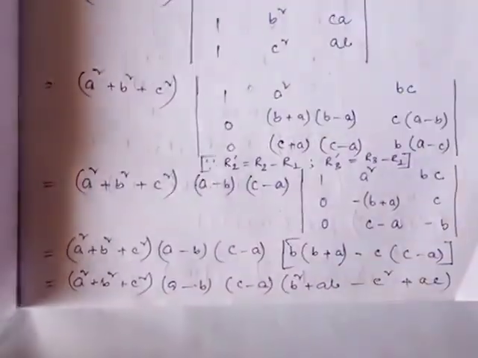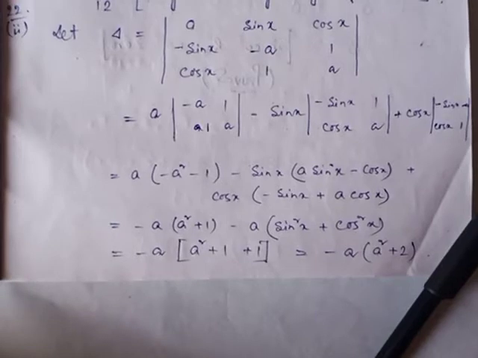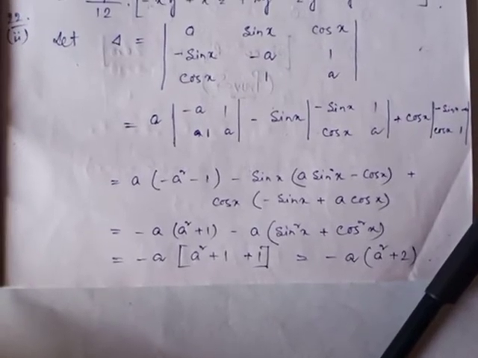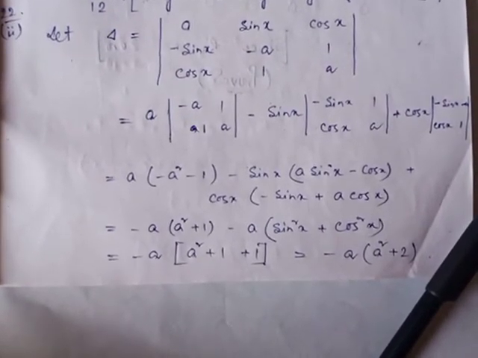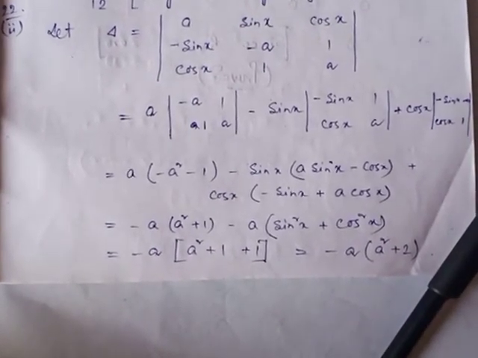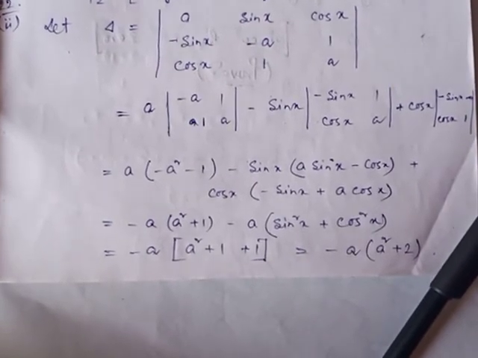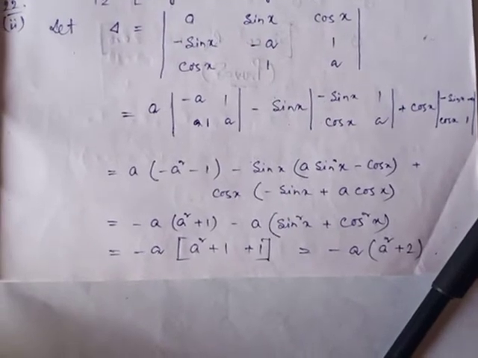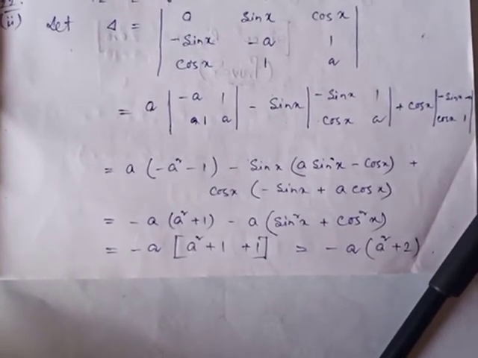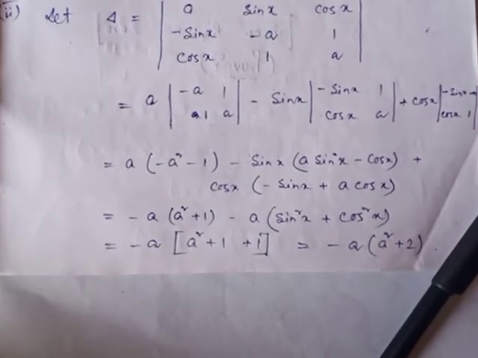In 22, see that delta equals the determinant with rows (a, minus sin x, cos x), (sin x, minus a, 1), (cos x, 1, a). Now by simple multiplication of the determinant form, we can write a into (minus a square minus 1) minus sin x (a sin x minus cos x) plus cos x (sin x plus a cos x).